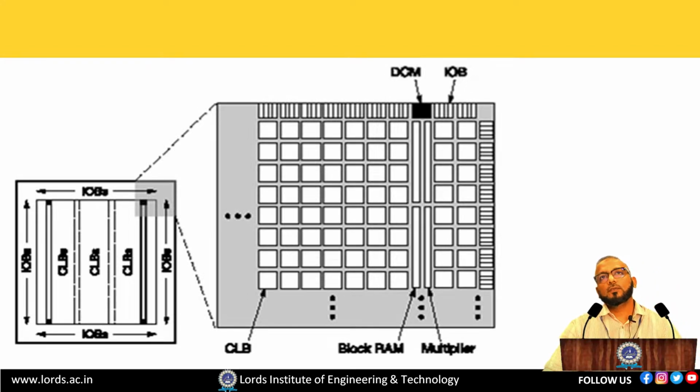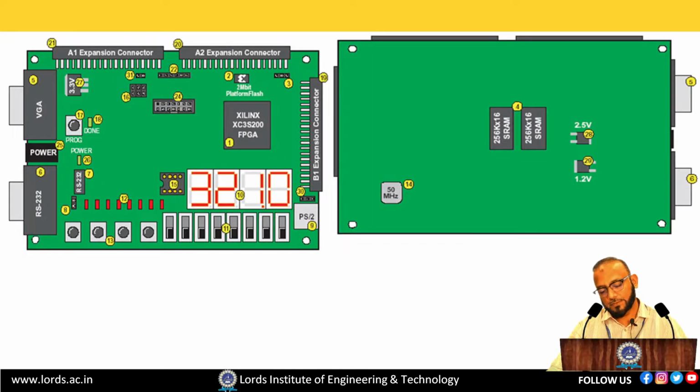One of the aspects I'm targeting in this presentation is mostly the academic role. If you look at the board design, this is one of the Basys 3 designs by Xilinx. This is the basic concept.